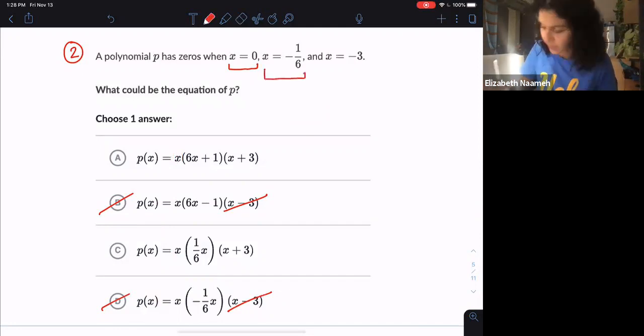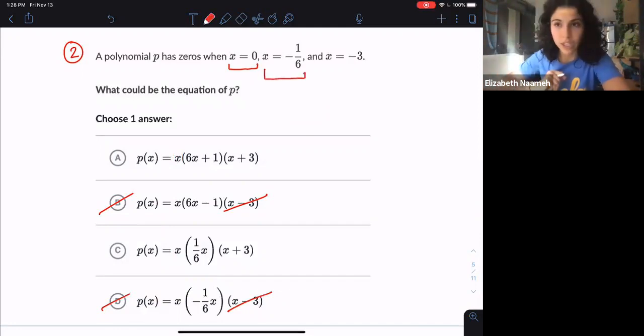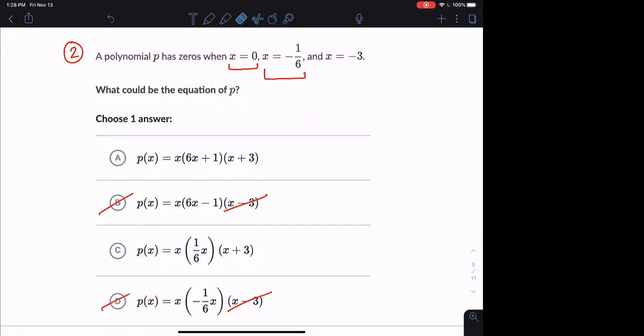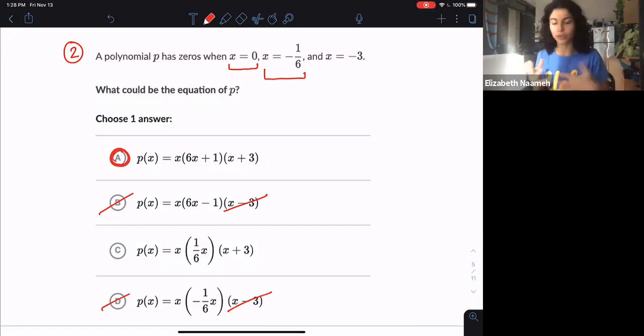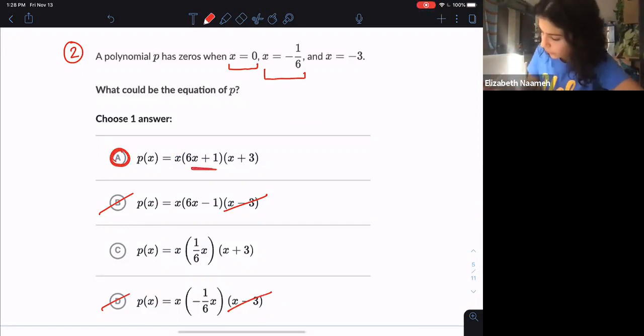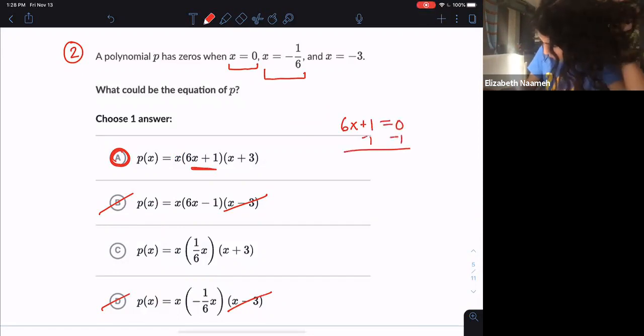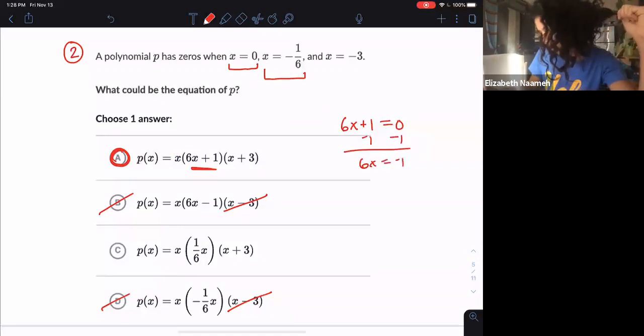X equals -1/6. So this one's a little bit trickier. You can probably figure it out by looking. Which one do you think it would be, A or C? For x equals -1/6, A. A is the right answer, but I'm going to prove it to you. Here's how we know. If I have 6x plus 1 and I set that equal to 0, we subtract the 1, we divide by 6, and I get -1/6.